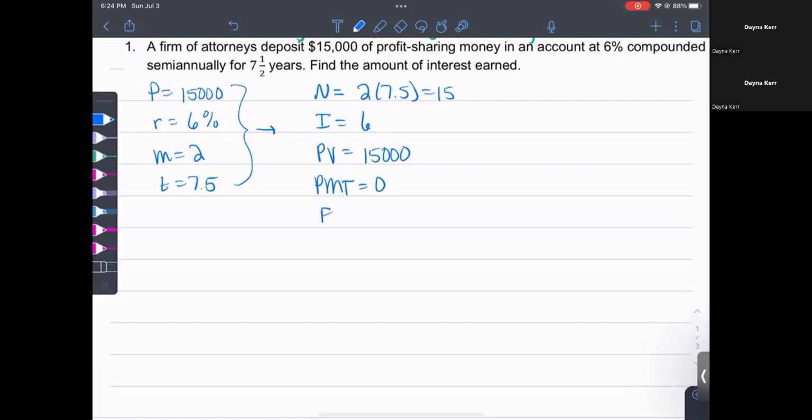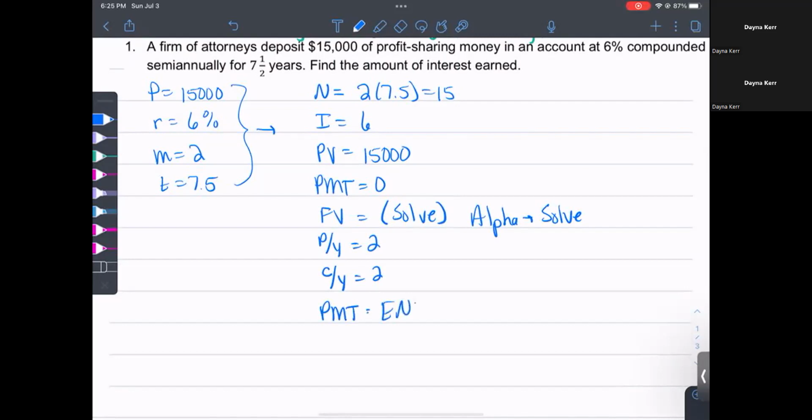FV, that's what we're going to solve for, and I'll show you how to do that in a minute. You're going to push on your calculator the alpha button and then solve. And then P/Y is 2, C/Y is 2, PMT we're going to leave set to end.